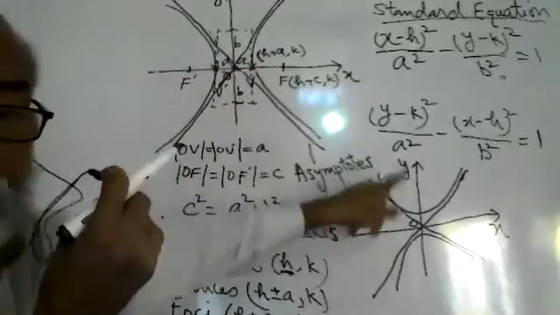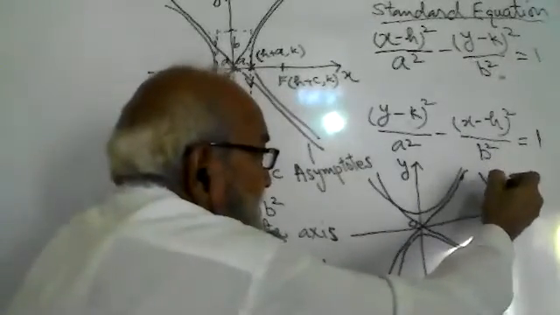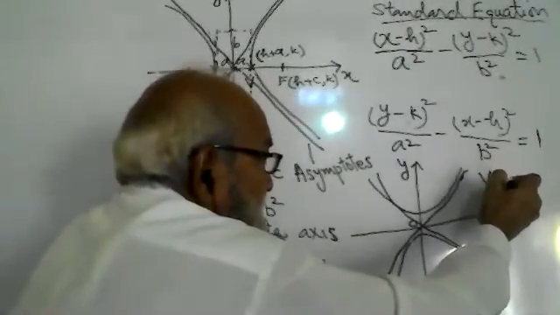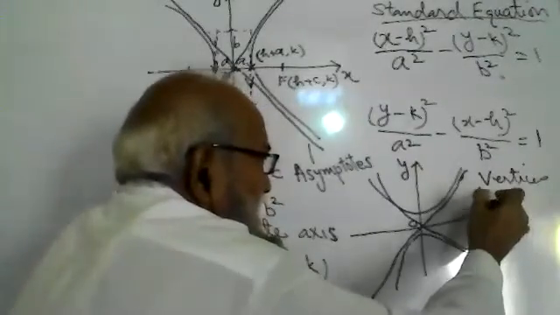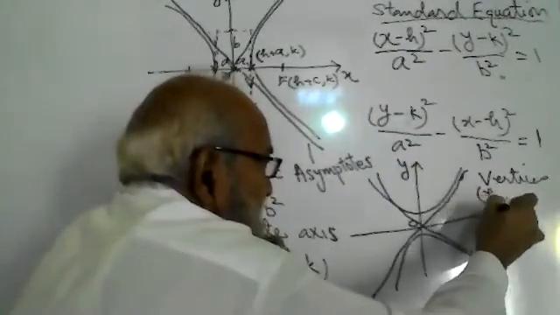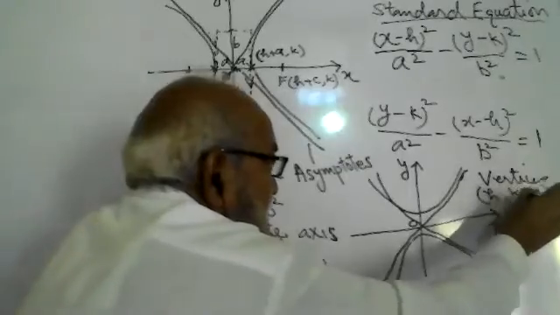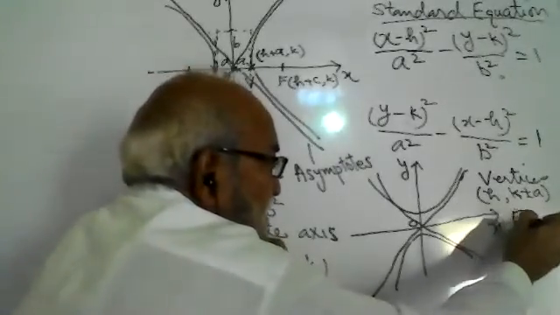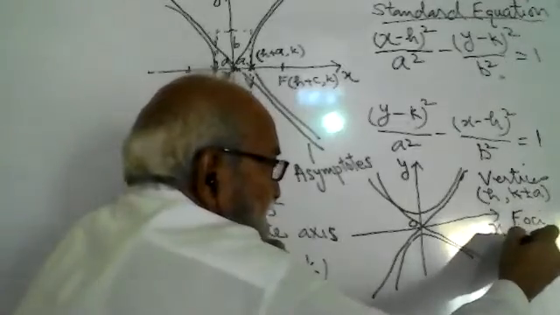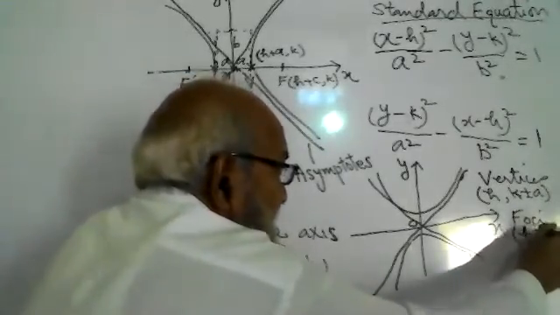And in this case, for the vertices, h will remain as it is, k plus minus a. And for the foci, h will remain as it is, k plus minus c.